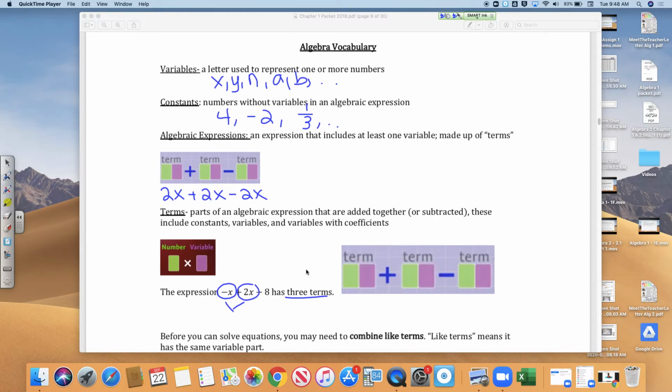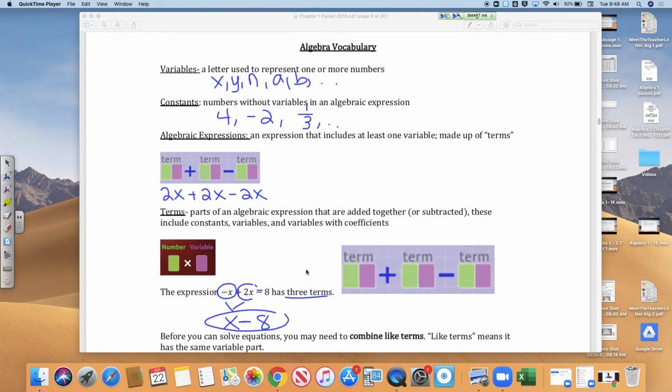What you do is you add the coefficients, which are the numbers in front of the variables, together. Negative 1 plus 2 is 1. So negative 1x plus 2x combines down to be 1x, and then this would just end up being 1x plus 8 as our final answer. Oh sorry, that's a minus sign, I didn't realize that. This was a minus 8, so this is going to be x minus 8. I just erased it just to verify, but it's a minus 8.